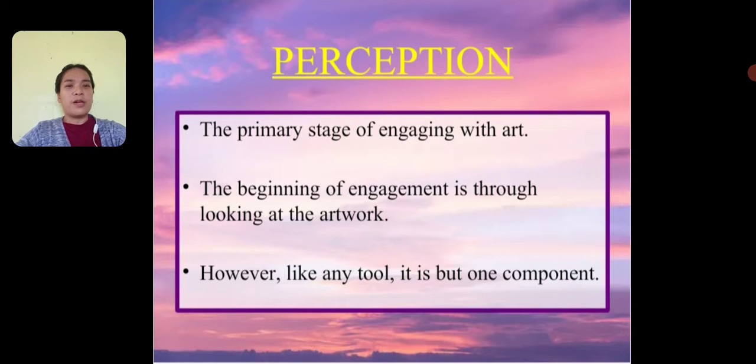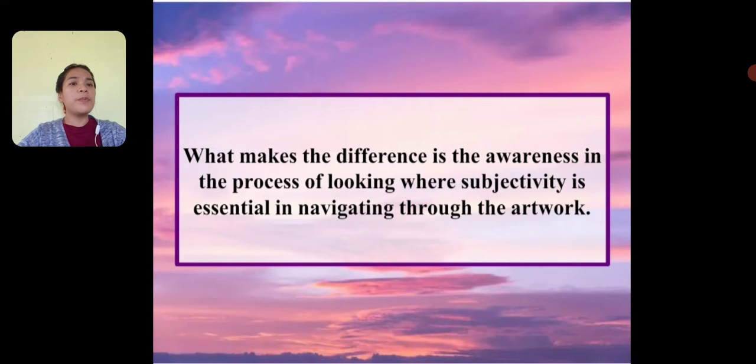Let's move on to the perception. The primary stage of engaging with art, the beginning of engagement, is through looking at the artwork. However, like any tool, it is but one component. What makes a difference is the awareness in the process of looking, where subjectivity is essential in navigating through the artwork.